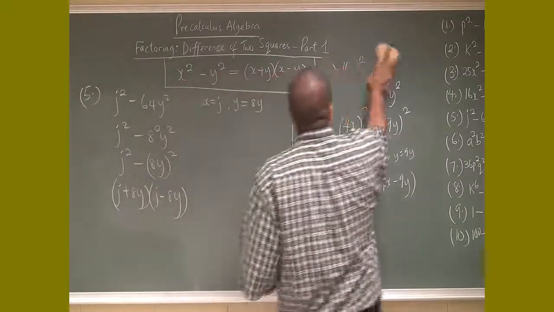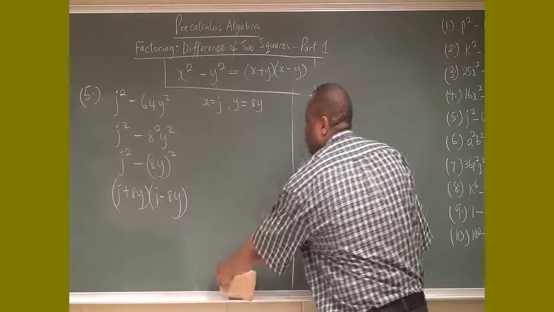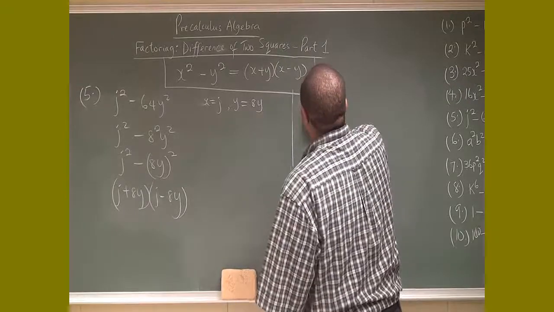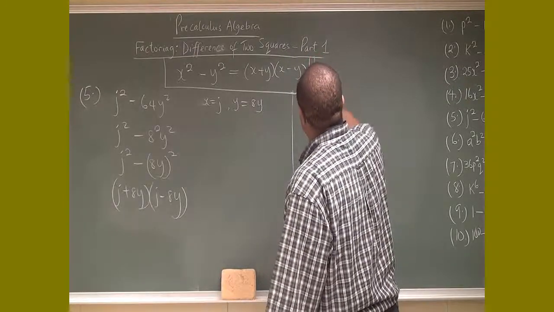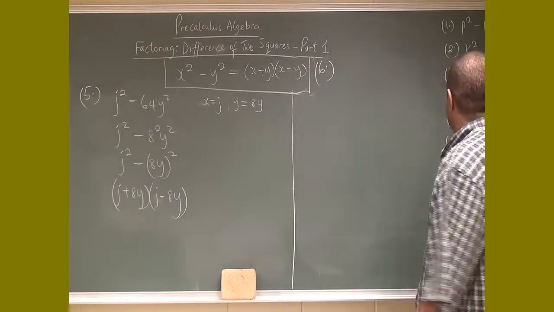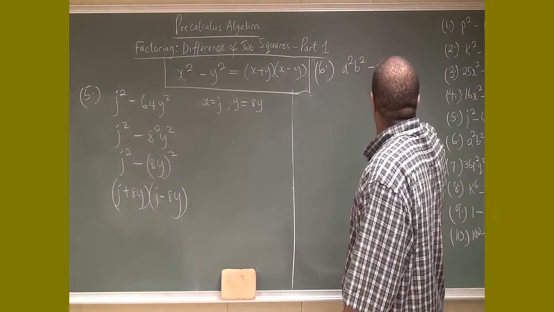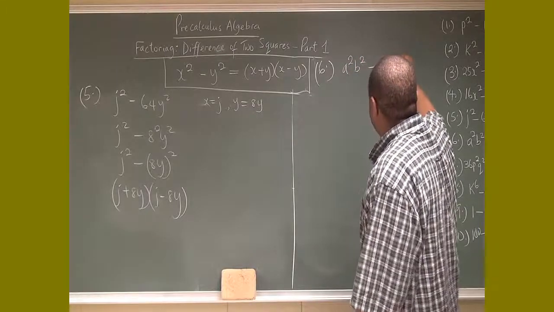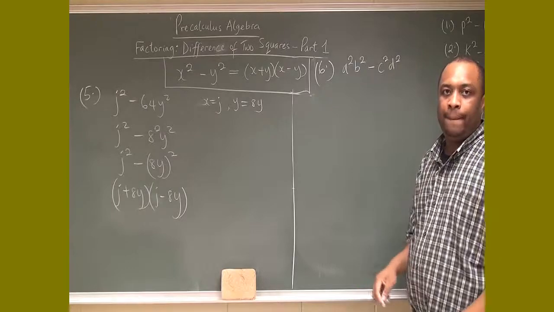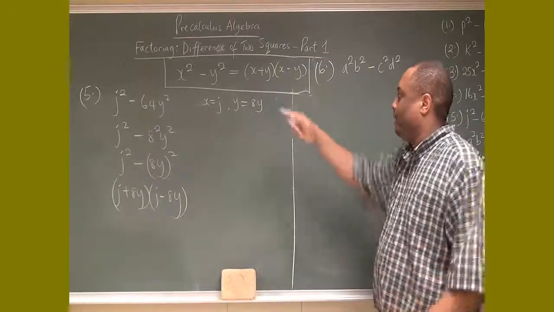Question 6. We are coming up. So this is the basic thing. Question 6 says a squared b squared minus c squared d squared. So make this a single entity so you can find your x.